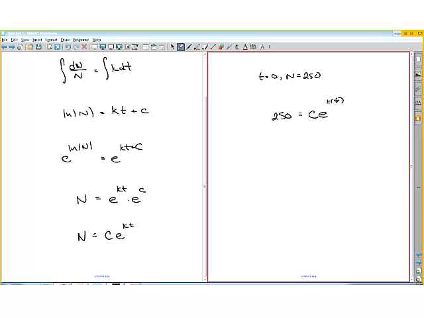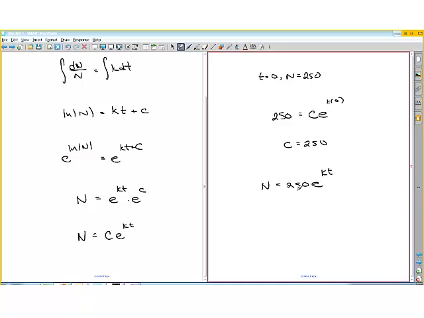It doesn't matter what k is: 0 times k is 0, 0 times a million is 0. So you get e to the 0, which is 1. So we see that c is equal to 250. So now, by applying one of those conditions, we have n is equal to 250 e to the kt.